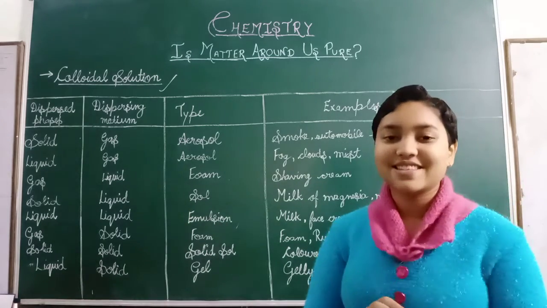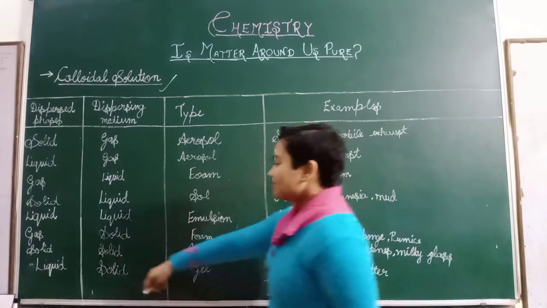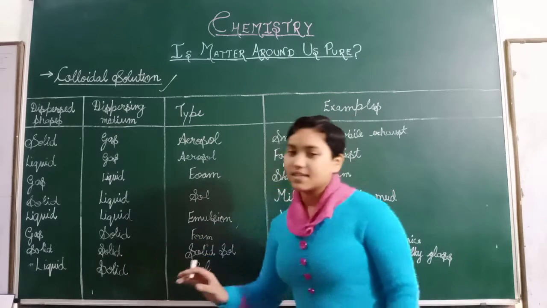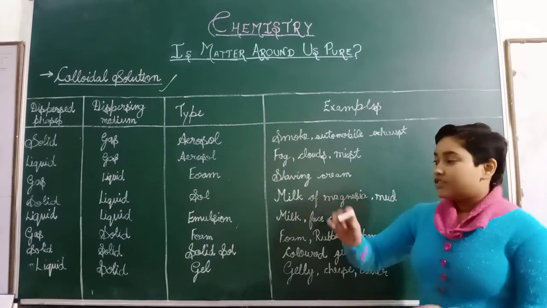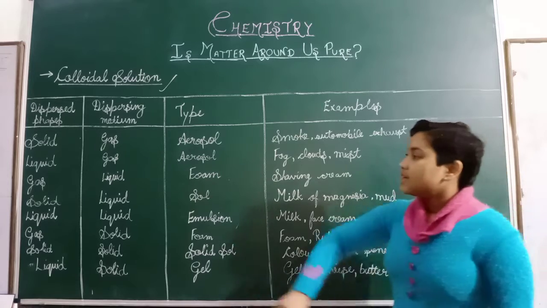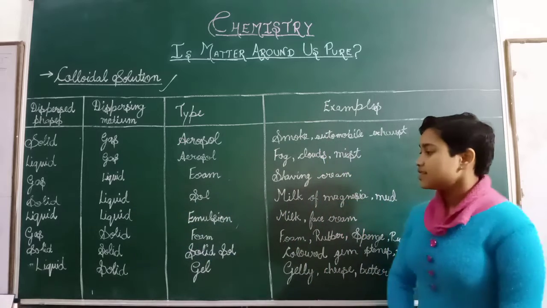Now when a solid is present in less amount and another solid in greater amount, the two solids are different phases from each other, just as the two liquids were.